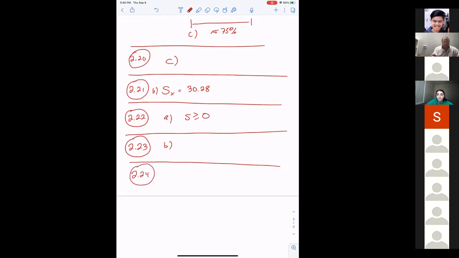2.24. Which of the following is most affected if an extreme high outlier is added to the data? The median, the mean, or Q1? This is 2.24. What is most affected if you add a high outlier? The median, the mean, or Q1?